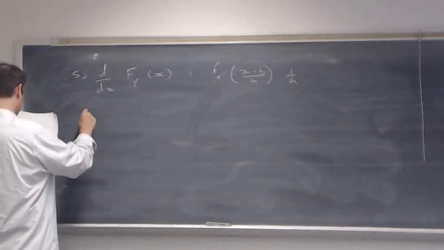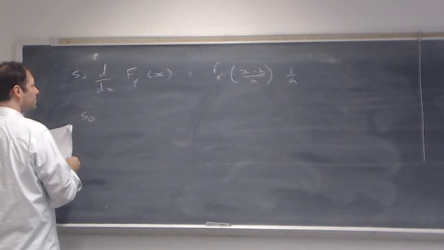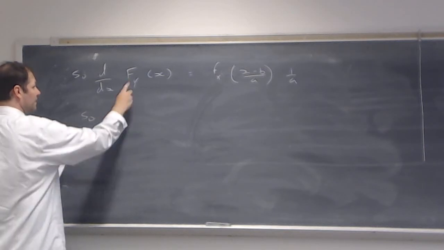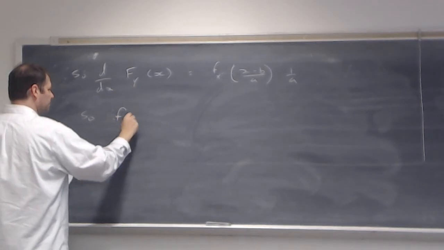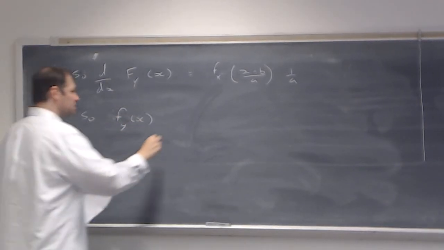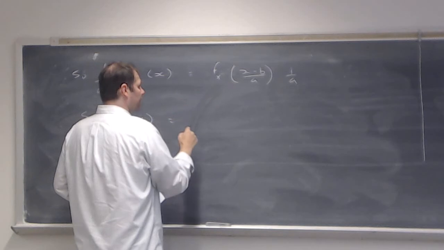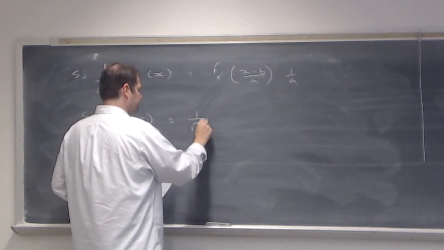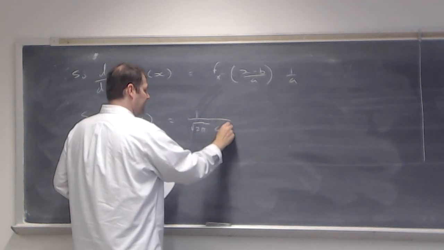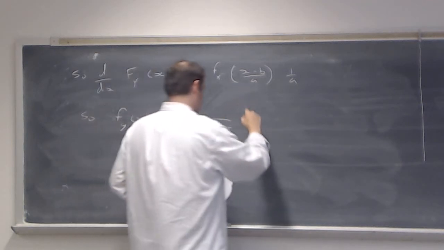And so, here, by the previous fact, this is nothing more than the PDF of y of x is equal to, here, this would be 1 over the square root of 2 pi. Here I would have an a and a sigma.